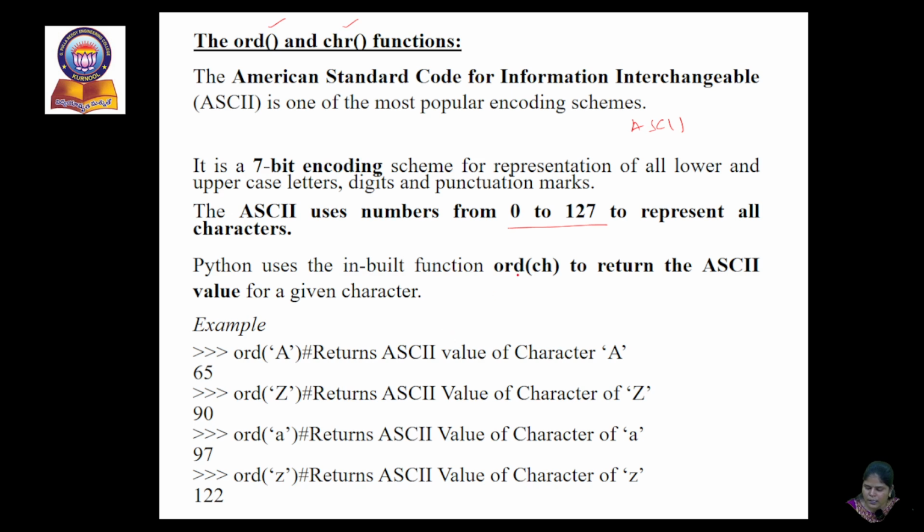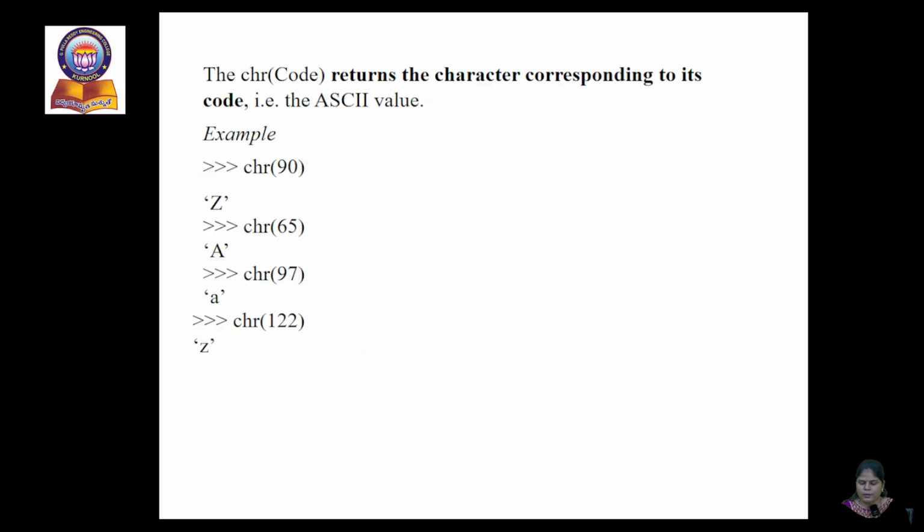So there is a built-in function ORD which is used to return the ASCII value of a given character, where the character is indicated as ch. So ORD of A will return 65. So the ASCII value of capital A is 65, capital Z is 90, small a is 97, small z is 122, right? So this is ORD, and the reverse of it is CHR, which returns the character corresponding to its ASCII code.